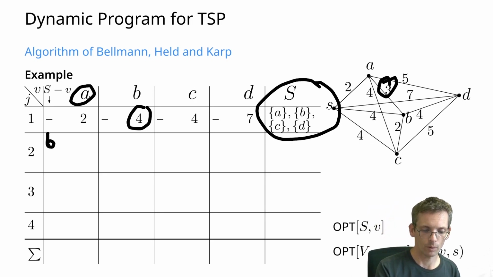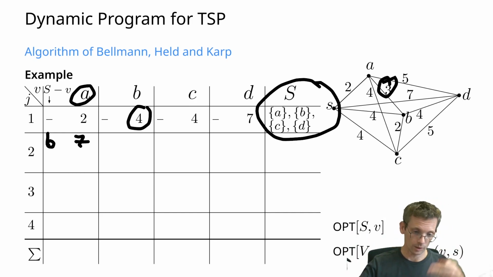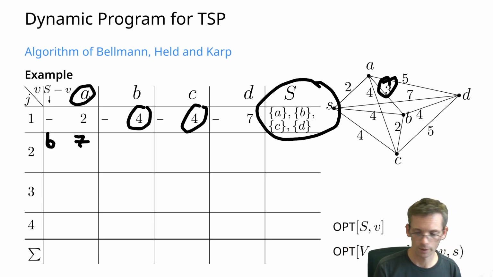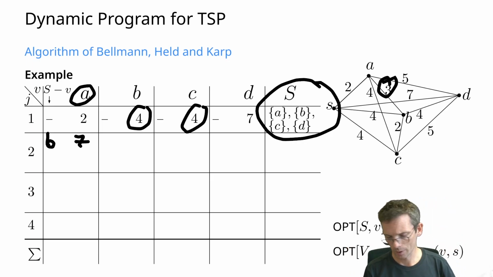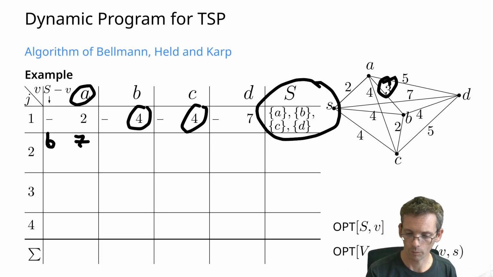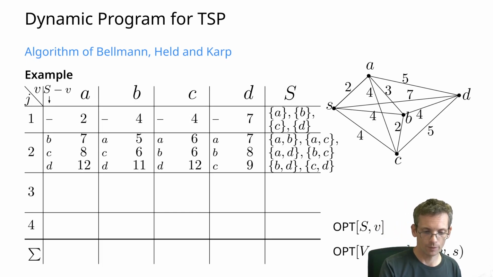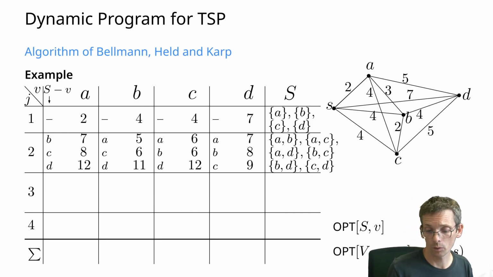So 3 plus 4 gives me a 7. If I want to go from small s to A with C in between, then again I look up the 4 here, to get from S to C, and then I look up A to C, which is a 4 here. So that gives me 8, and so on. And I can fill the second part of my table, and now I have handled all of the 2-element subsets.